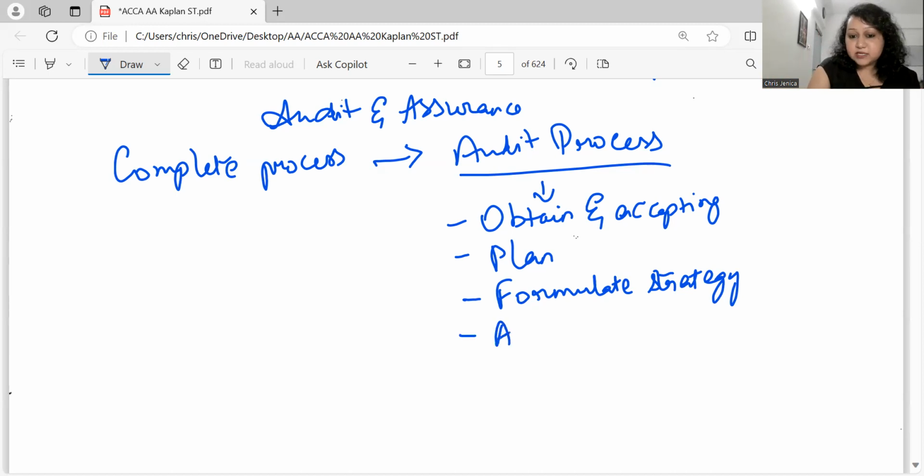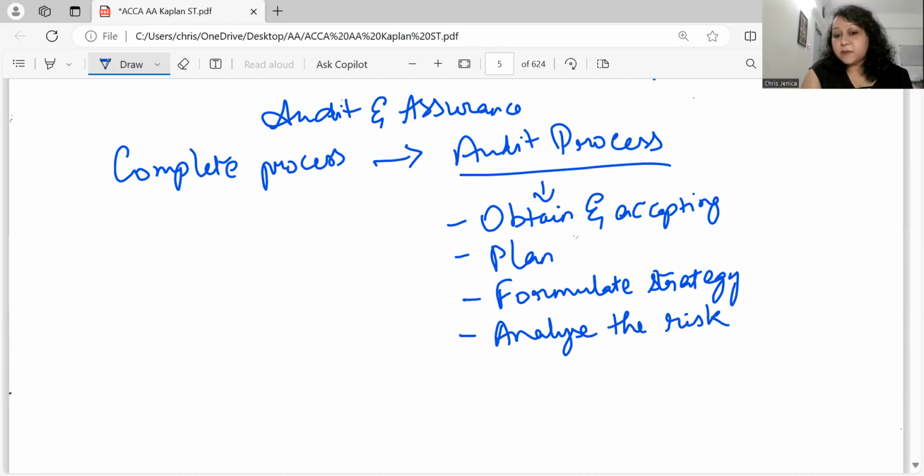So you will have to analyze the risk. Then you come out with a plan. Plan is basically you'll be coming up with the timing, scope, and the direction of the audit which you have to do. Then you will be formulating a strategy towards how to carry out the audit.